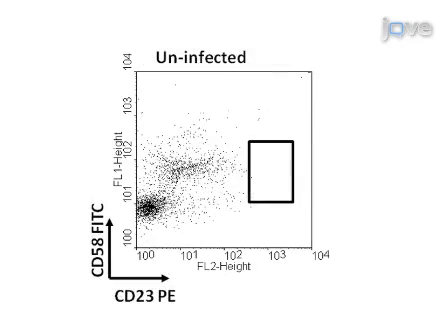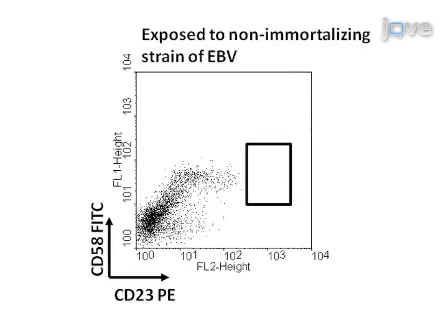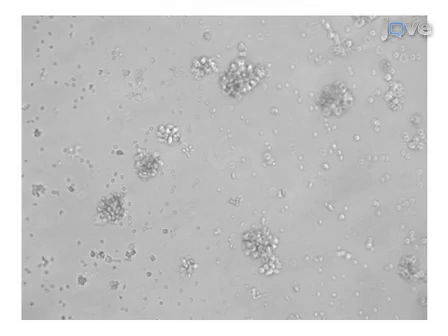Other subpopulations of CD23 positive, CD23 negative, CD58 positive and CD58 negative cells observed after exposure to Epstein-Barr virus show minimal proliferation. And uninfected cells, or cells infected with a non-immortalizing strain of Epstein-Barr virus, do not demonstrate CD23 high, CD58 positive cells.